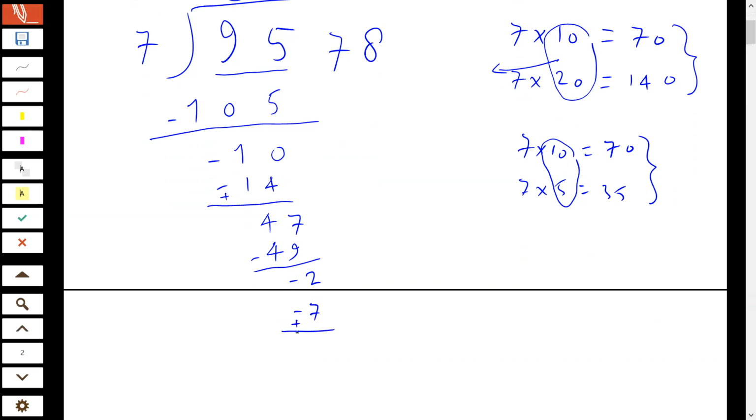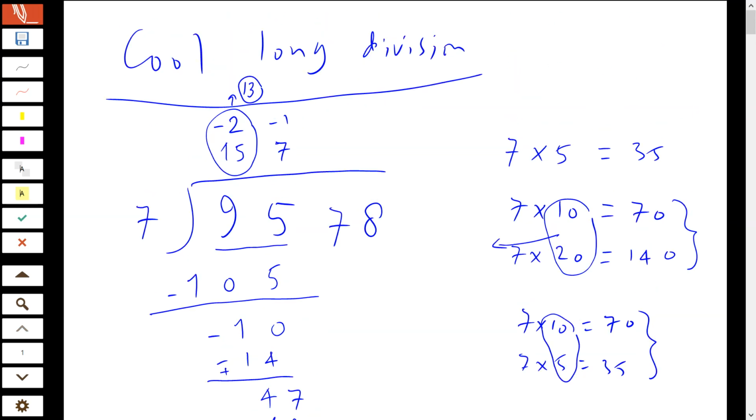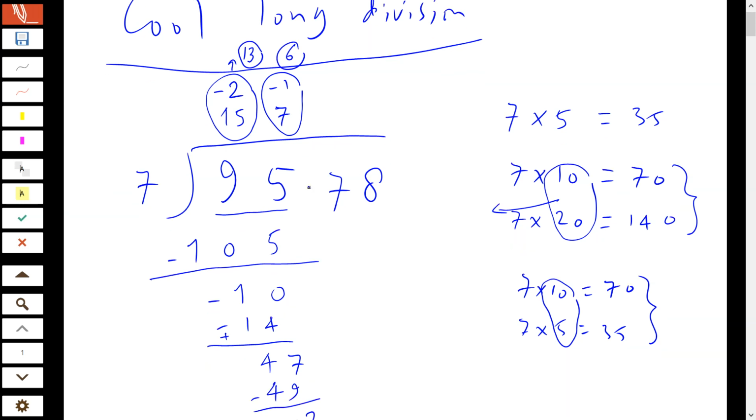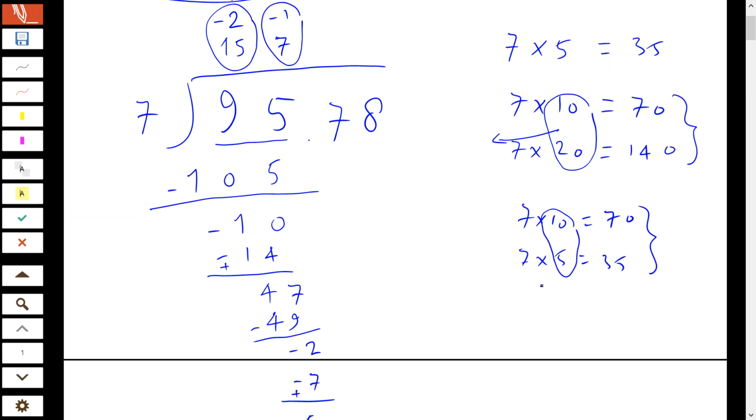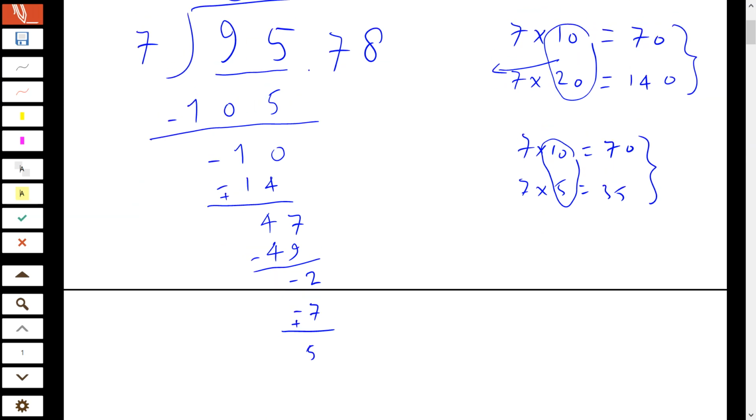And when I subtract this from -2, I get 5. 5 is acceptable. So how do I combine these two numbers? 7 and -1? 6. 7 minus 1 is 6. So I got my next digit. I hope you can see the point, because I'm working with simple numbers, and then I correct myself.